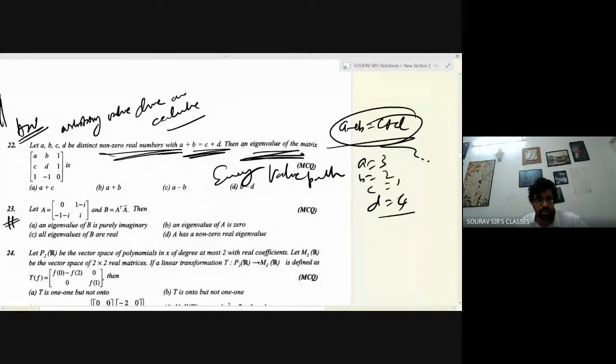23. A equals the matrix 0, 1 minus i, minus 1 minus i, and i. B equals 8 into A bar. Then which of the following is true? B equals 8 into this, so we need to do a multiplication. 0, 1 minus i, and the transpose, so minus 1 minus i, 1 minus i and i.